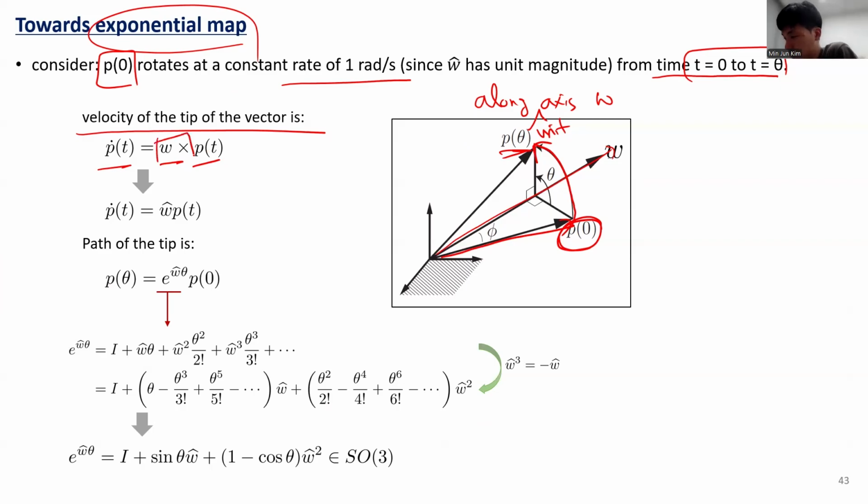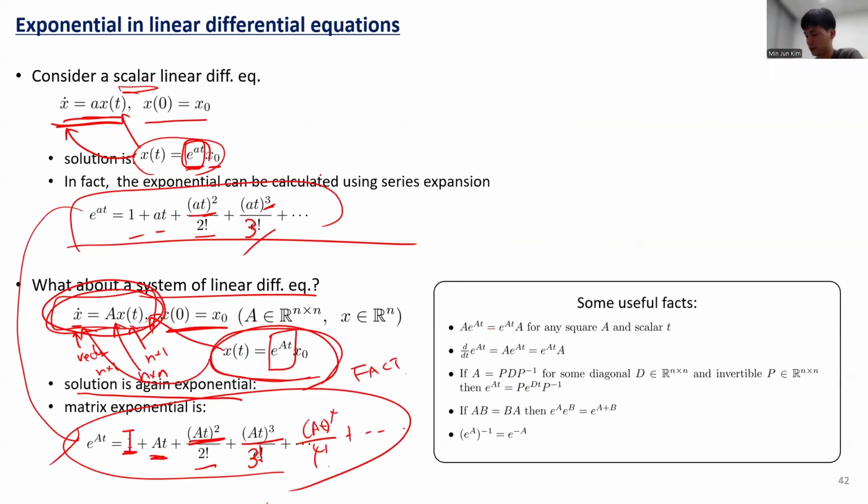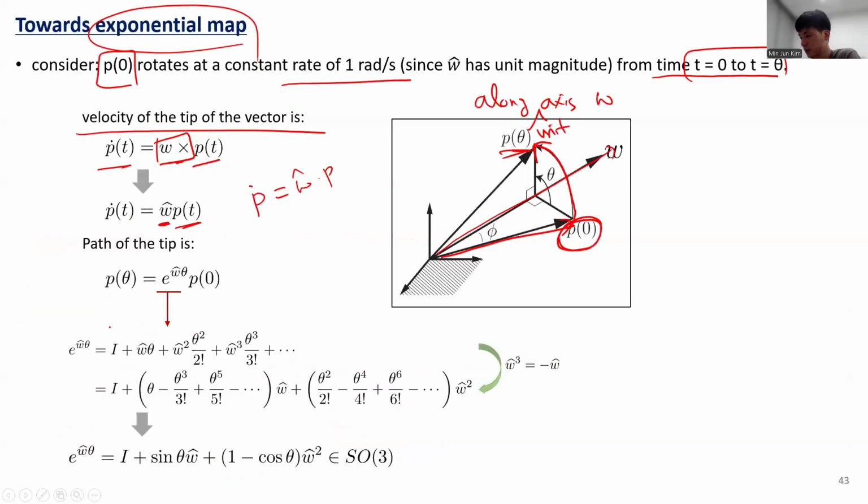And since we have omega cross p, that's a cross product, right? It's equivalent to omega hat times p, right? And this p dot is equal to a matrix times p. It's the same as this case, right? x dot is equal to Ax.